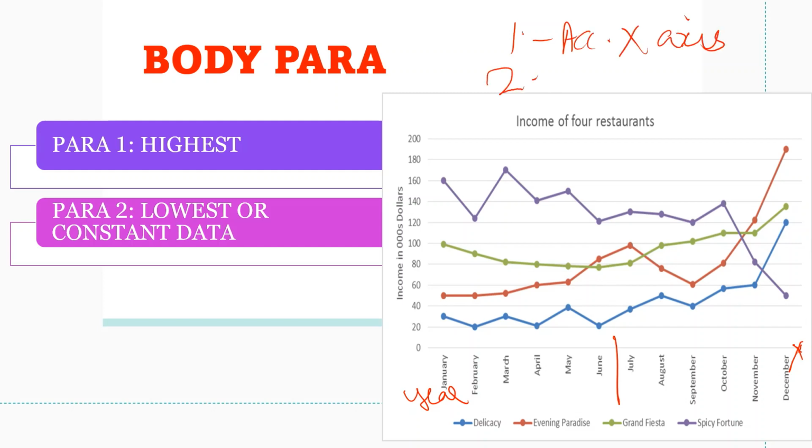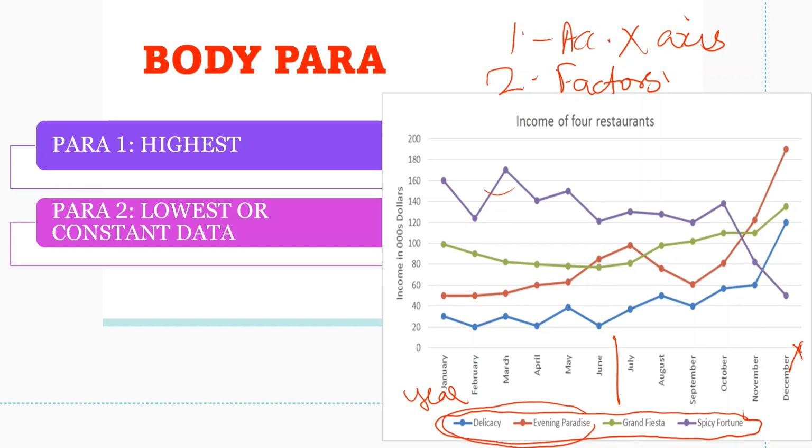Now method 2 is according to the specific factors given in the chart. The line chart represents something, and these lines are given because of something. So according to those factors you can divide your line chart. Here we have 4, so the first 2 you can write in body paragraph 1 and the last 2 in body paragraph 2.